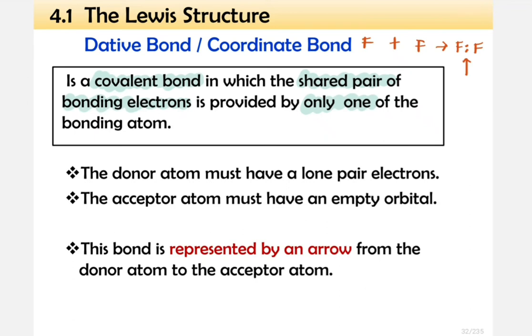Satu elektron daripada this atom, another electron from another fluorine atom. Jadi covalent bond ni sort of macam adil lah, fair sharing. Satu atom bawa, satu lagi pun bawa. Tapi dative bond ini hanya satu atom sahaja yang akan provide the shared pair of electrons.